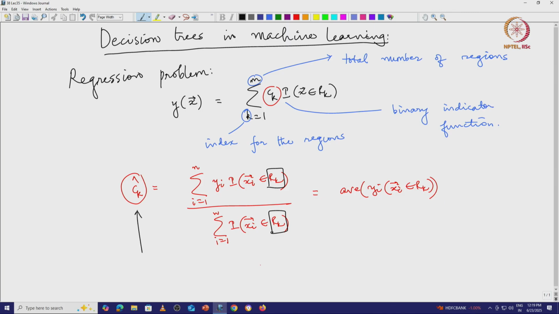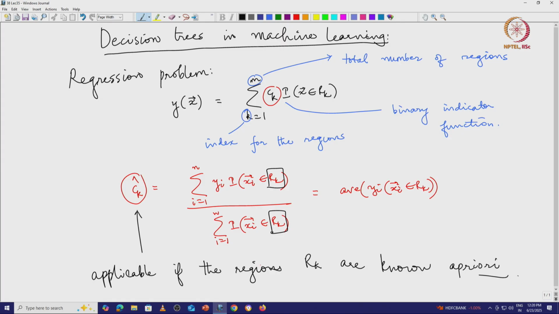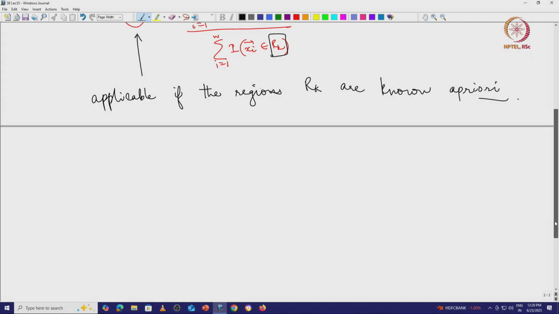So this formula is applicable if the regions Rk are known a priori. However, that may not be true. We may not know what architecture the tree should adopt, and therefore we have to use an algorithm called recursive binary splitting.